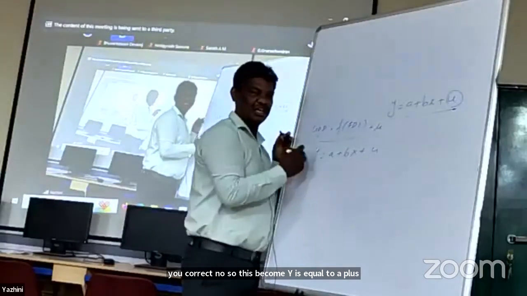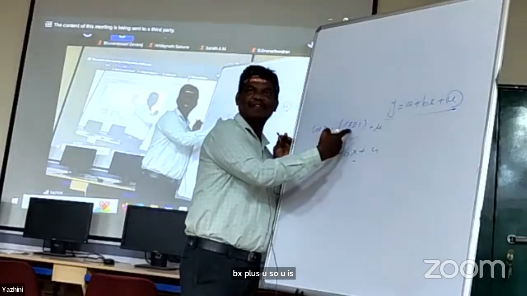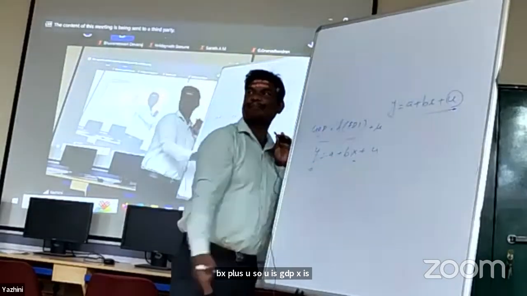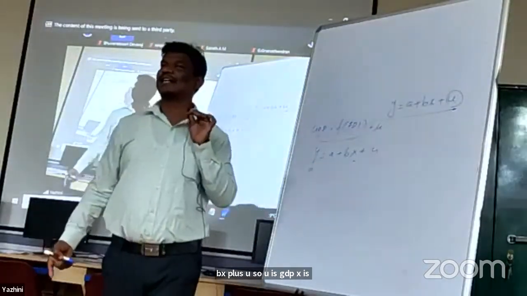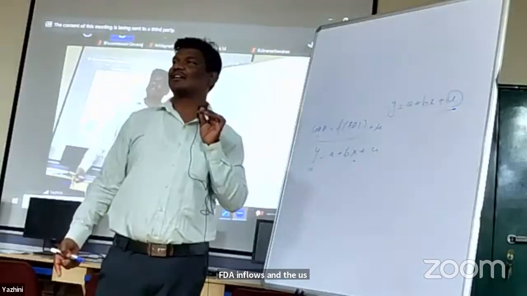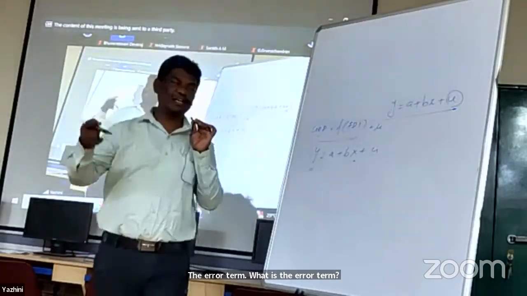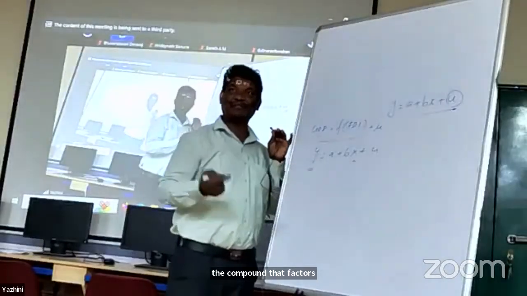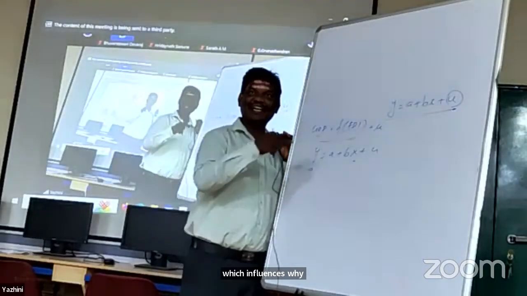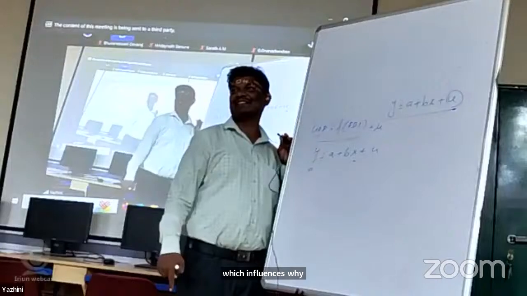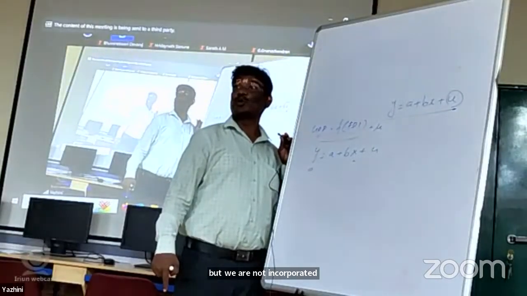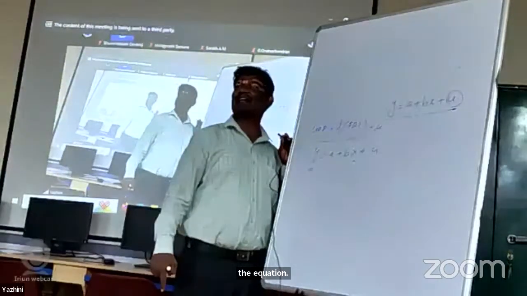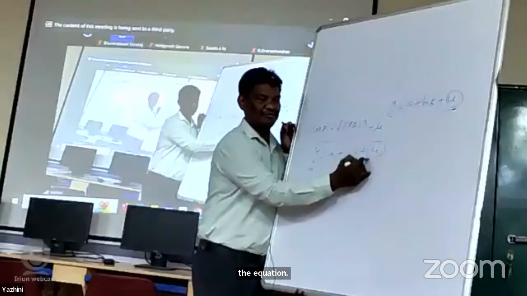Here y is GDP, x is FDI inflows, and u is the error term. What is the error term? The factors which influence y, but which we have not incorporated in the equation. Understand? Those unobservable factors are part of u.